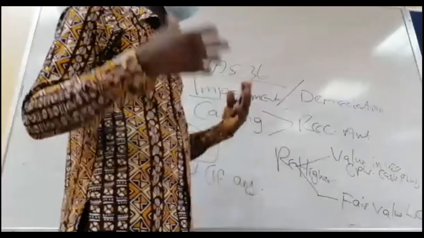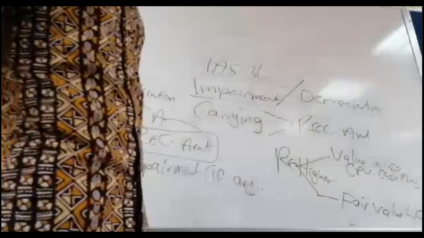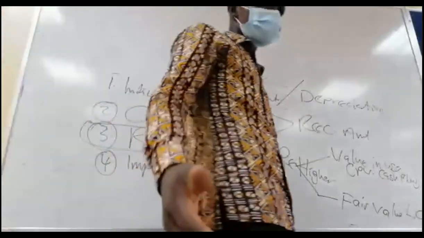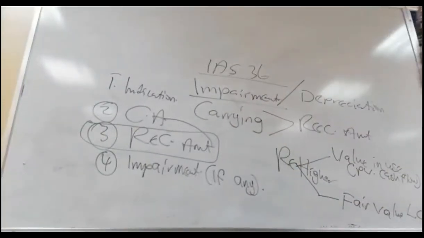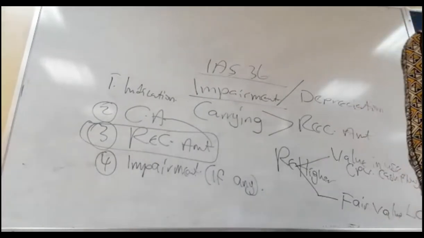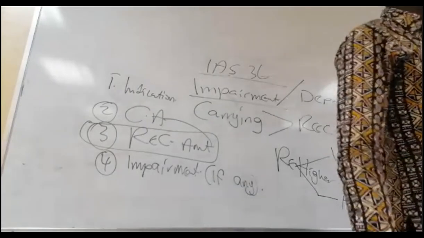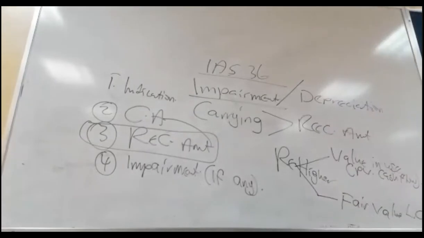First, if you should use the asset, say you have a machine that you use for a program or for business, or a building. If you should use the building to the end of its life, what will be the value?